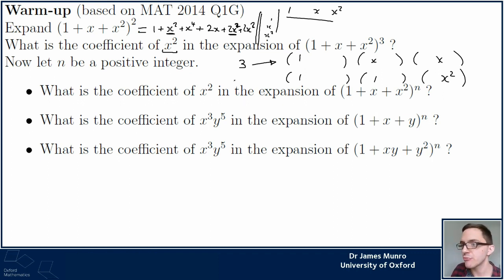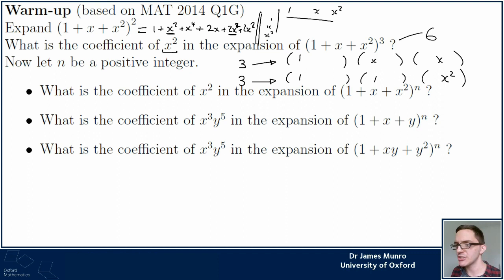And there's also 3 ways I could do it like this, because I could take the x squared from the first bracket, the middle bracket, or the third bracket. So that's 6 different ways of getting an x squared term. Cool, okay, so I get 6 for that part.